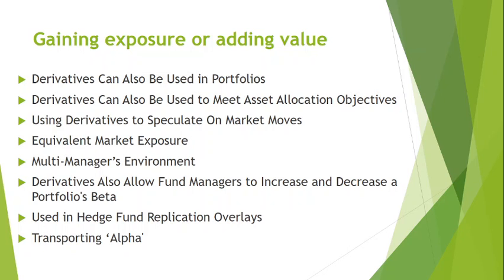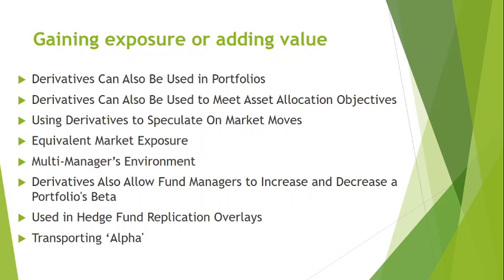Using derivatives to speculate on market moves has often been criticized and involves risks that investors must be wary of. As equivalent market exposure can be gained with little upfront capital, derivatives are often levered instruments. For this reason, there is potential for large gains and losses.